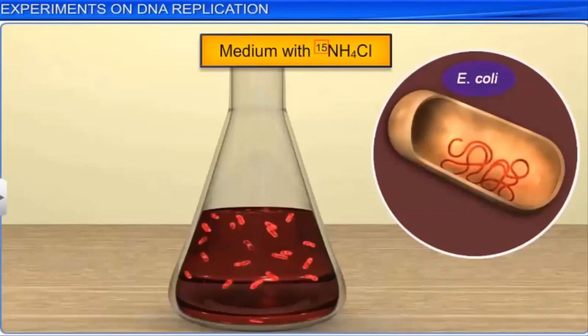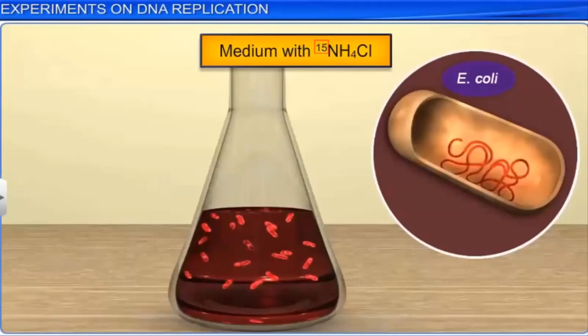We want to find out whether the scheme given by Watson and Crick, that replication happens in a semi-conservative way, meaning one strand is always new and the other always old, is true. To explain that, he took E. coli, a type of bacteria used for all these experiments, which can reproduce within 20 minutes, so we can see the results very soon, after every 20 minutes.